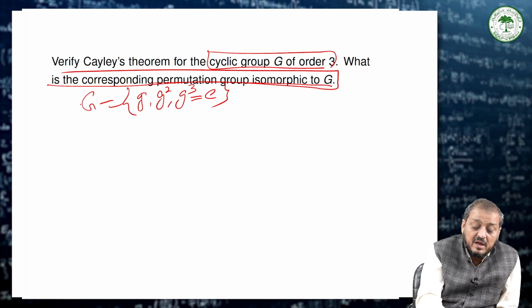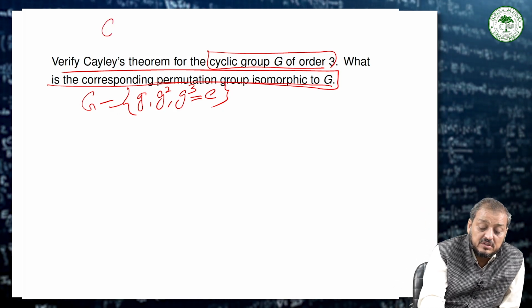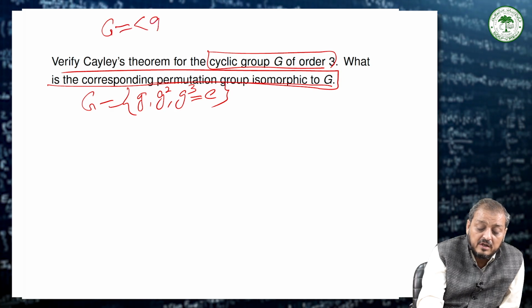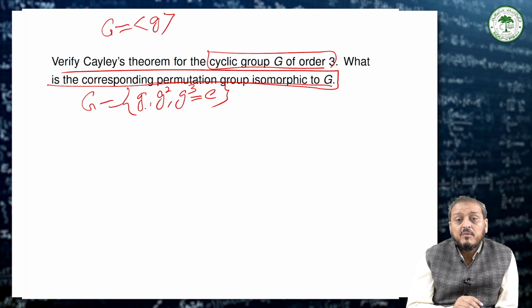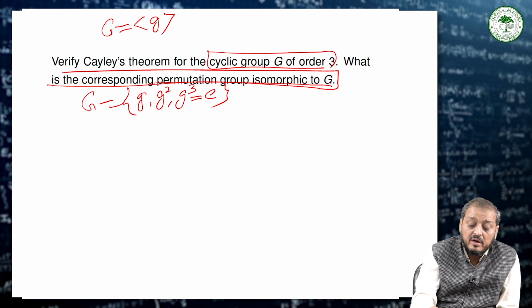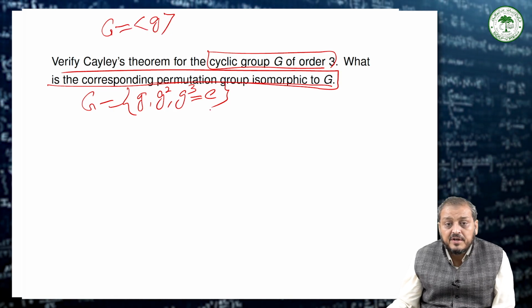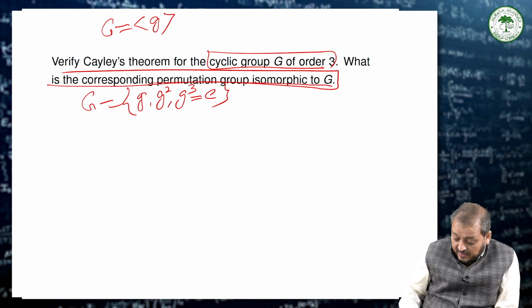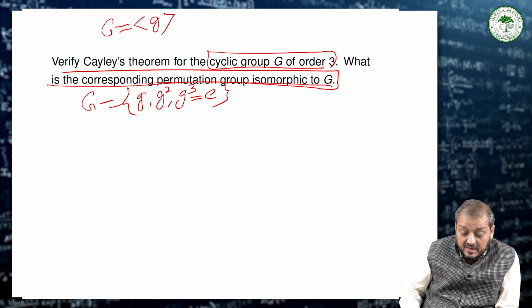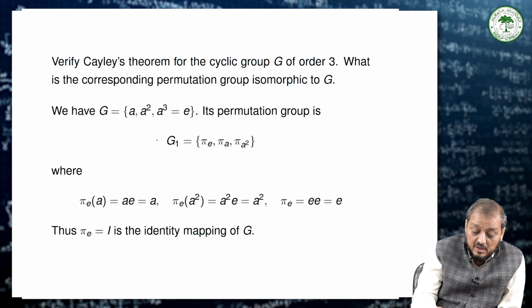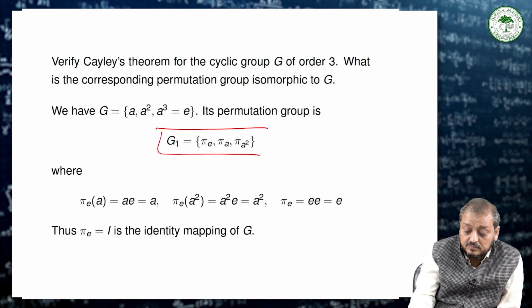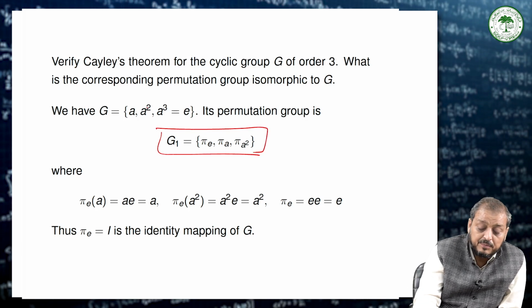Let G be a cyclic group generated by G, and the elements of G are of the form G, G square, G cube equal to identity. And now we have to verify this. Suppose pi is taken, then G1 is another group, a permutation group.